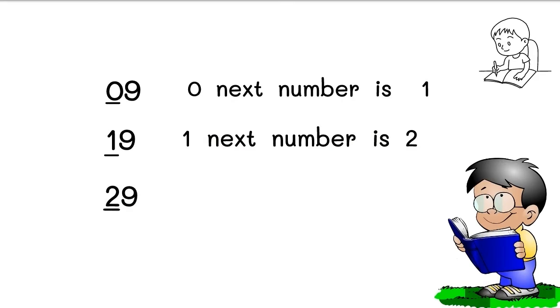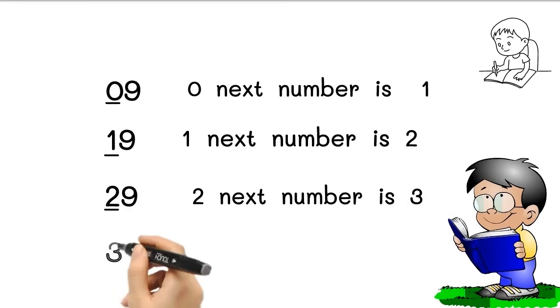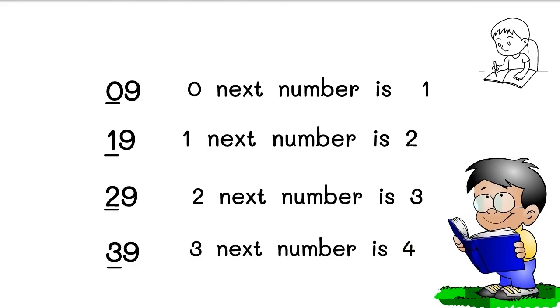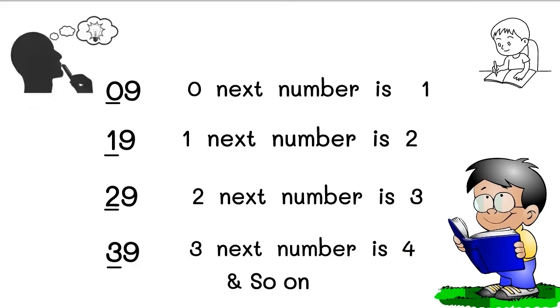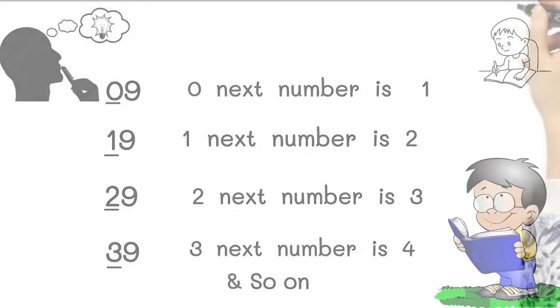For 29, the tens place digit is 2, so the next number of 2 is 3. For 39, the tens place digit is 3 and the next number of 3 is 4. So in this way you can find the next number of every tens place digit for numbers which end with 9.